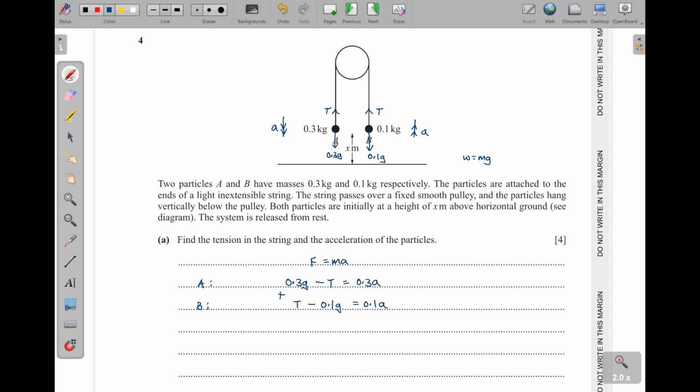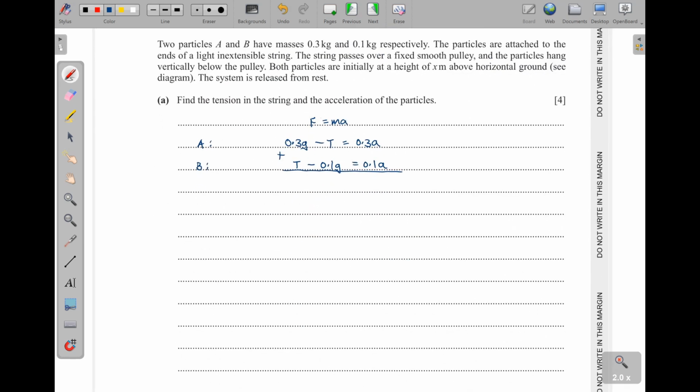Now I can add these two equations to eliminate the tension, because this one is a minus and this one is a plus. Now 0.3 minus 0.1 gives us 0.2g, which is equal to, when you add, 0.4a. So the acceleration is going to be equal to 0.2 times the acceleration due to gravity, 10, over 0.4.